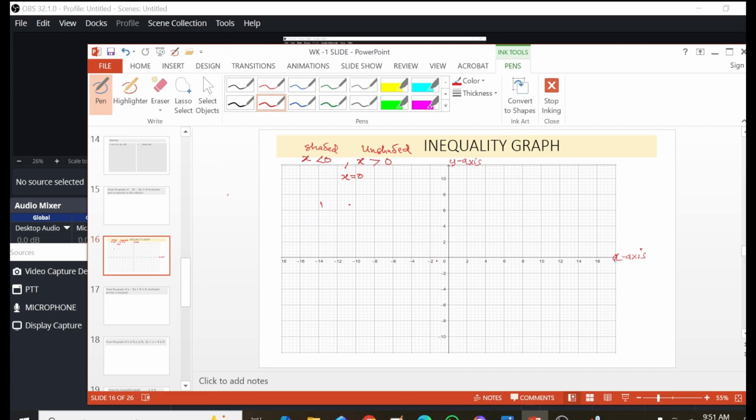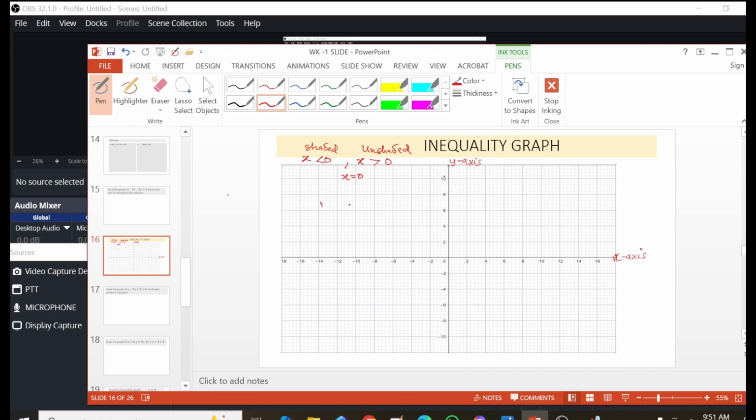The y-axis. Some students have a misconception and think the line should be parallel to the x-axis. No. x equals 0 is a vertical line, along the y-axis.